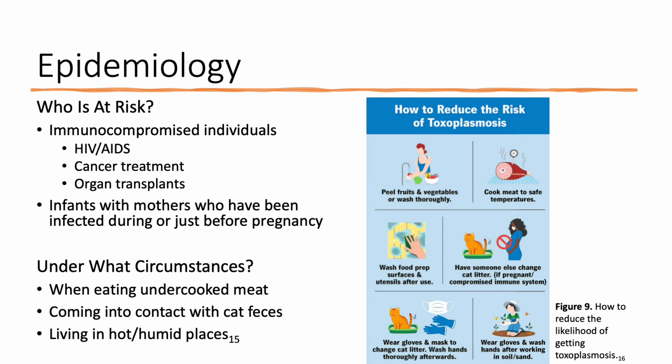However, you can reduce the risk of contracting toxoplasmosis. Just be very thorough with washing and peeling fruits and veggies, cooking meats completely through to the optimal temperature, and just proper hygiene, sanitation, and wearing gloves and protecting yourself when you are cleaning out litter boxes, or if you're outside anywhere a cat could have been.